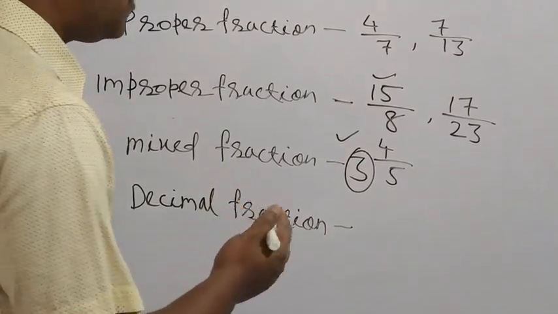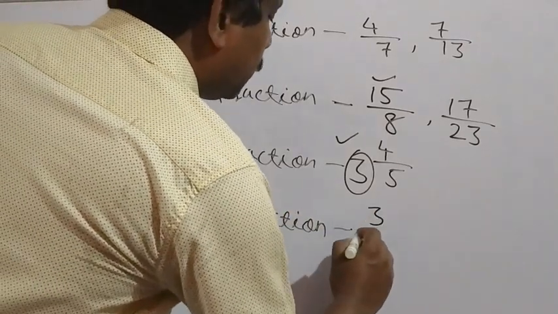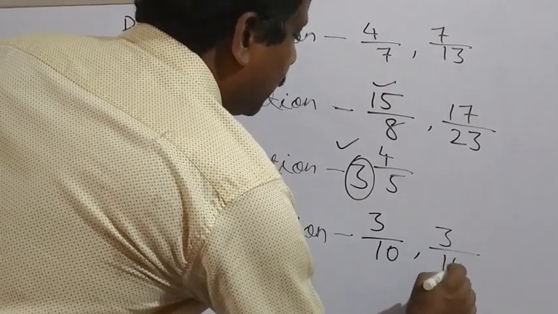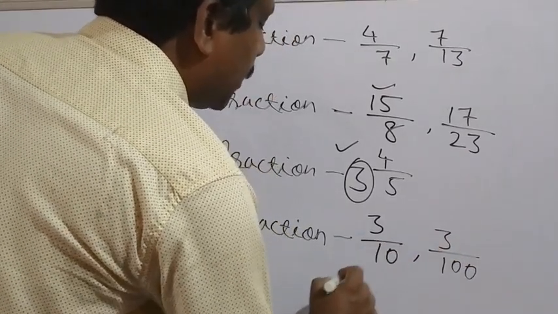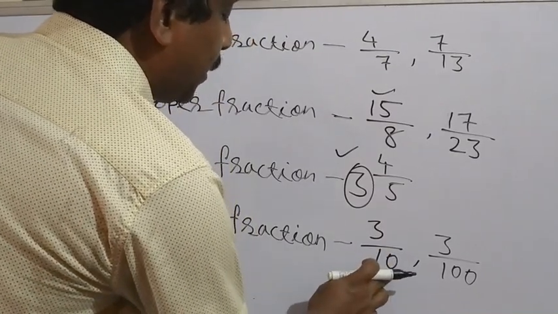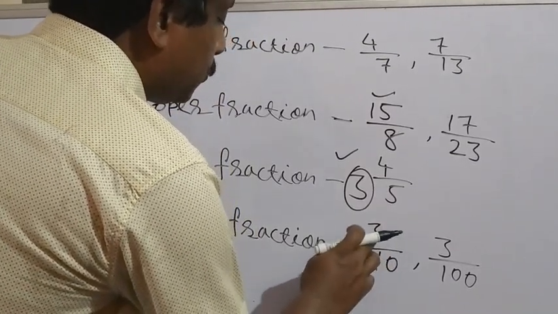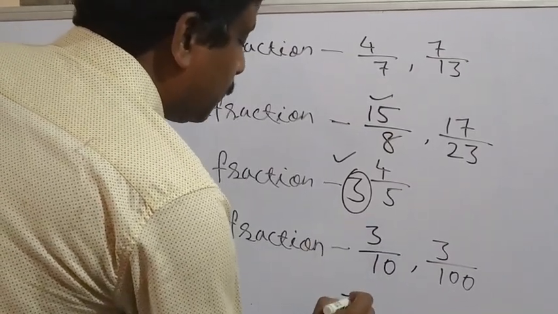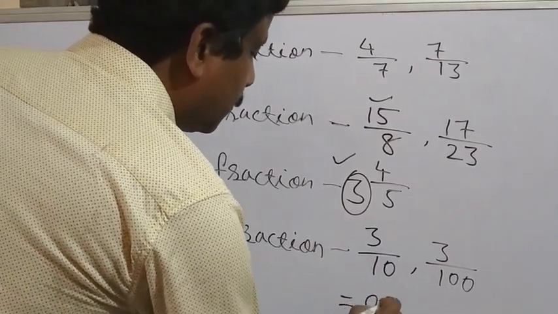So in the power of 10, for example 3 by 10 or 3 by 100. So we can easily write this in the decimal form. In 3 by 10, 1 zero is there. So in 3, leaving one number we have to put the decimal point. So we can write 0.3.